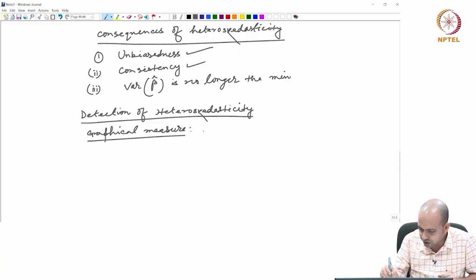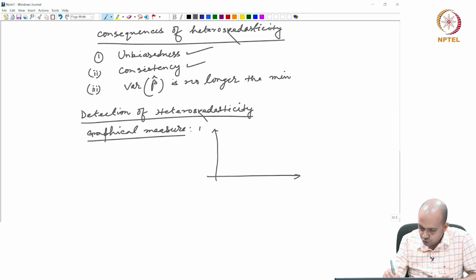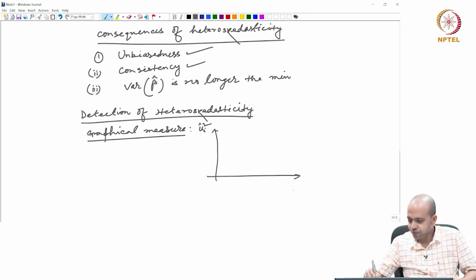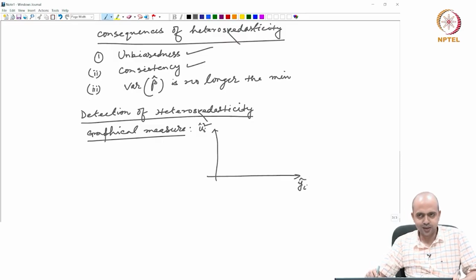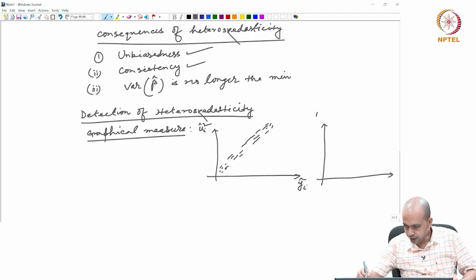Graphical measure. The graphical measure says what you do after estimating your model, you put your ui hat square against your yi hat, and if you see some kind of pattern, either this type or let us say this type, ui hat square, then this is yi hat, or let us say this type, some kind of downward.